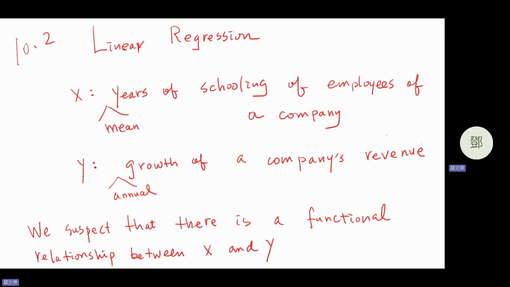When the father is at this height, you may observe that the kid's height is here, or it may be here. There is no straight line that passes through all the points in the scatter plot.